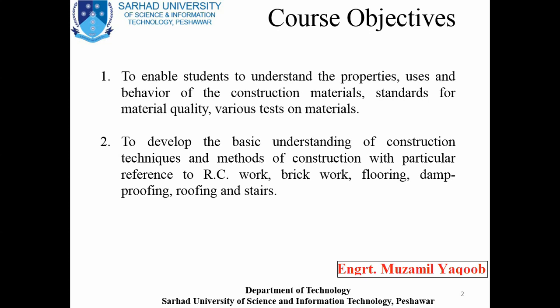Once we have done that, the other objective is to develop the basic understanding of construction techniques and methods of construction with particular reference to RC, reinforced concrete work, brickwork, flooring, damp proofing, roofing and stairs. And then you should be able to develop the knowledge required for quality construction. So these are the two main objectives for the course.